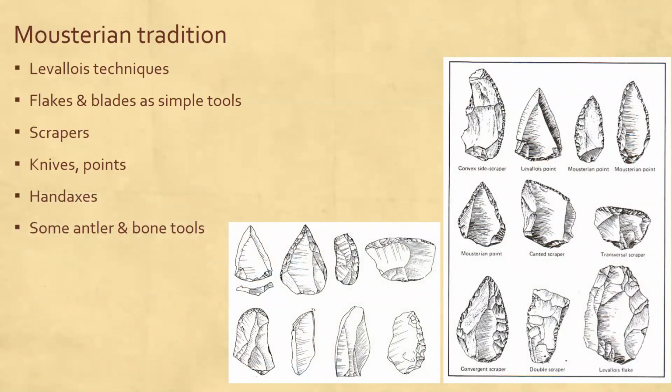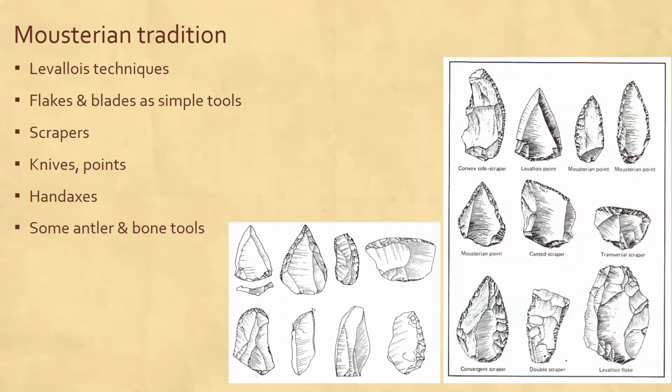Let's talk a little bit about the Mousterian tradition, which would have been a stone tool tradition that was developed first by heidelbergensis and widely used by Neanderthals. This is a fairly sophisticated stone tool industry that employs what is known as the Levallois flaking technique, this triangular style Levallois way of making tools.